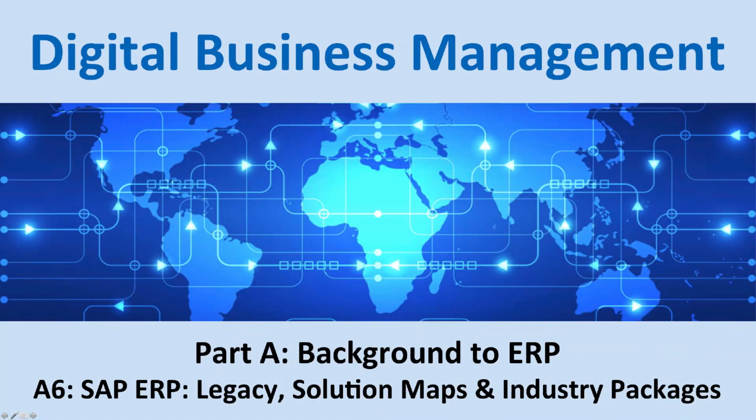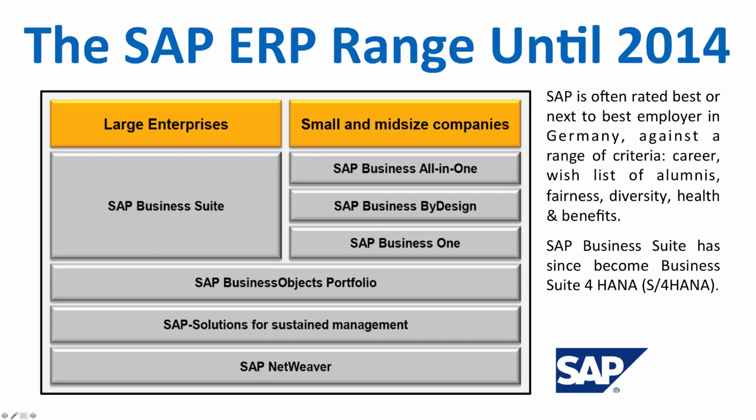So let's have a look at SAP ERP Legacy Solution Maps and Industry Packages. For large enterprises, SAP Business Suite, you'd find that in a lot of companies still. For small and medium-sized companies, they have the choice of Business All-in-One, which is pretty much gone now, Business ByDesign, and Business One. And there are cloud versions of both of those.